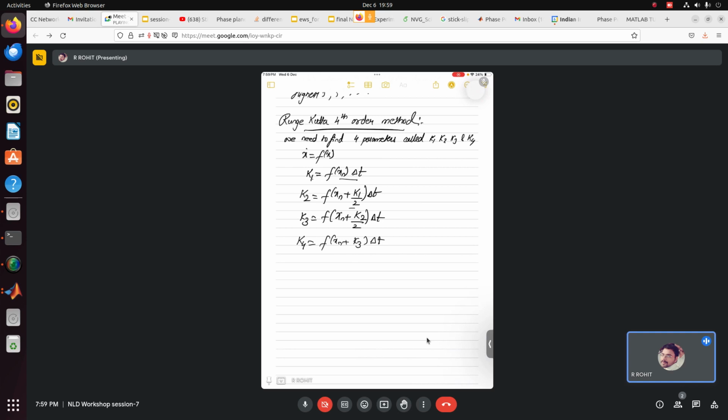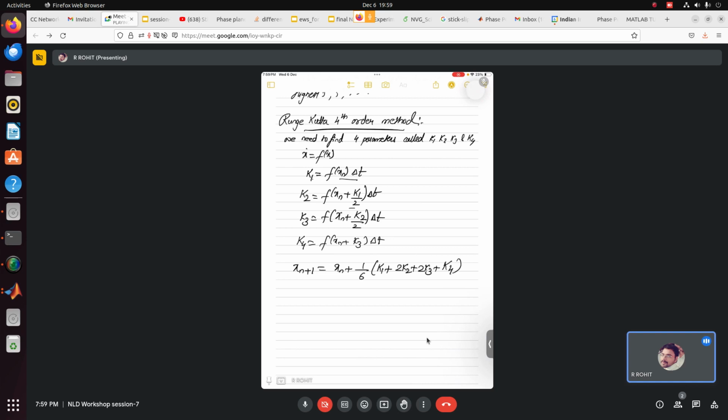Once you have found the 4 variables K1, K2, K3 and K4, the final solution x_{n+1} will be x_n plus 1 by 6th of K1 plus 2K2 plus 2K3 plus K4.